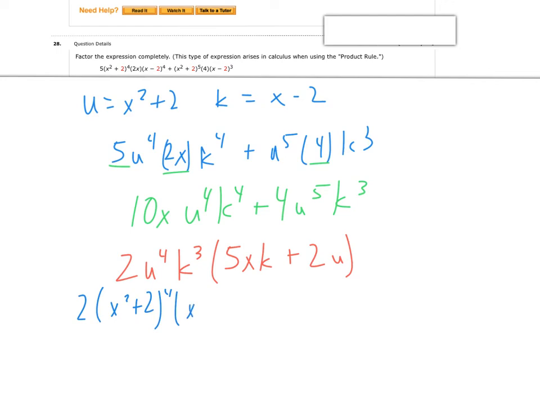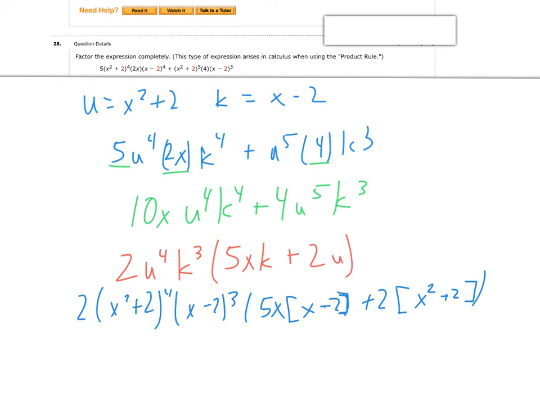And then this one will be x minus 2 to the 3rd. This one will be 5x, and then we'll do a bracket here for k as x minus 2. And then this one will be plus 2, and then we'll do another bracket for x squared plus 2 as we reinsert this stuff back in.